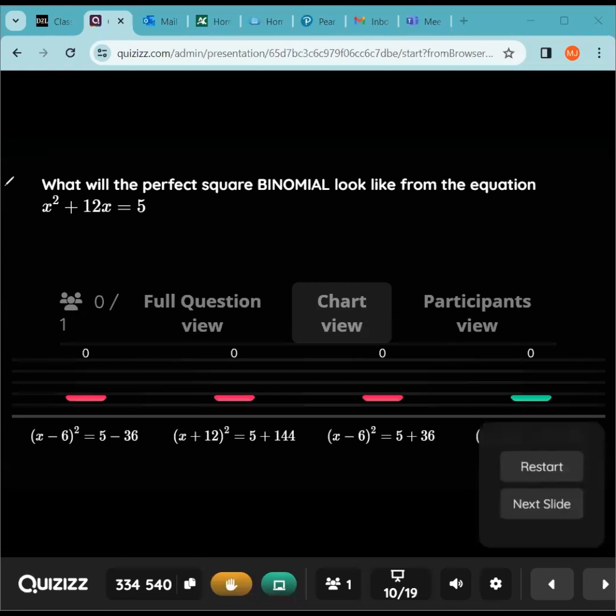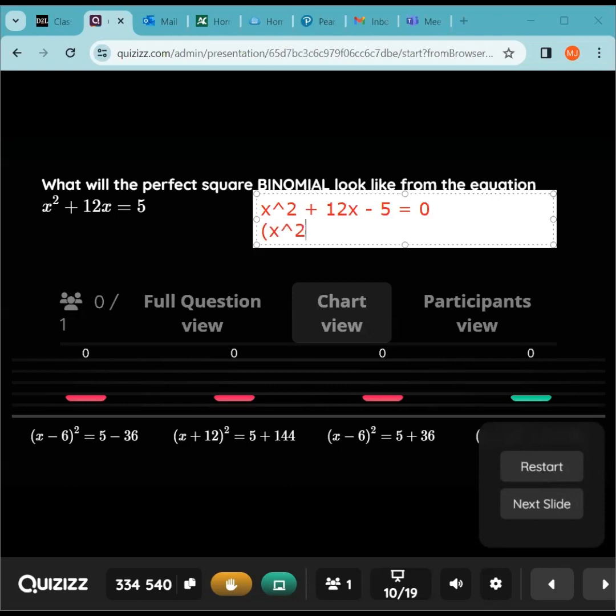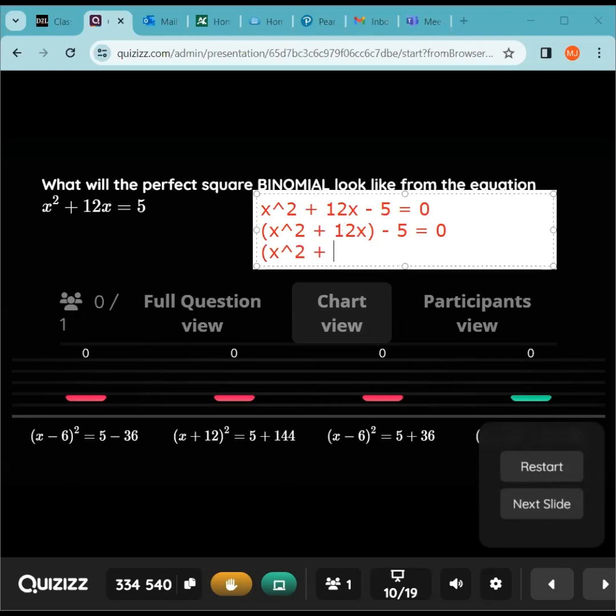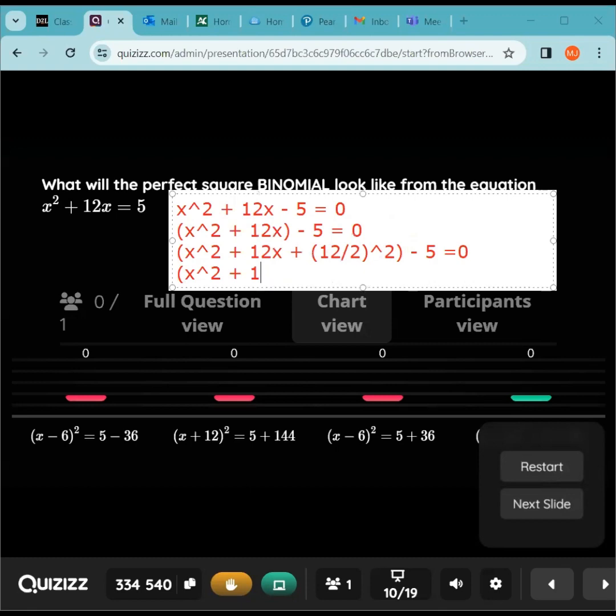So yeah, it would be the last one here. How you do that is x squared plus 12x minus 5. So you bring the 5 over and then group this together. The next step is take the 12 divided by 2 and square it, and then you would subtract that.